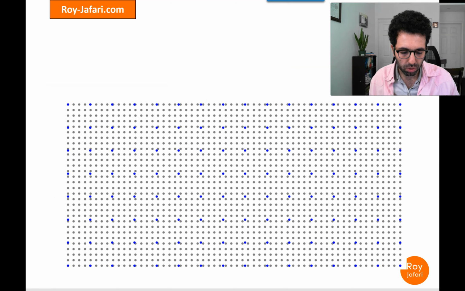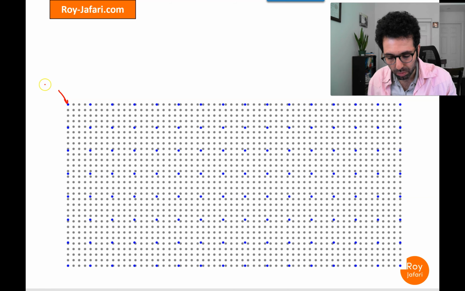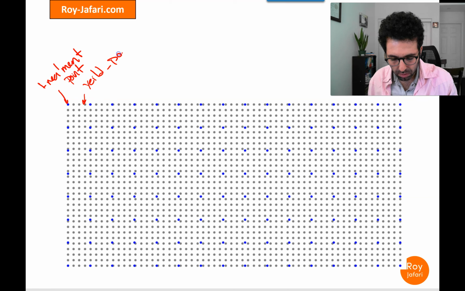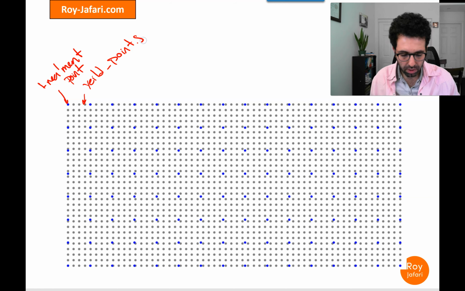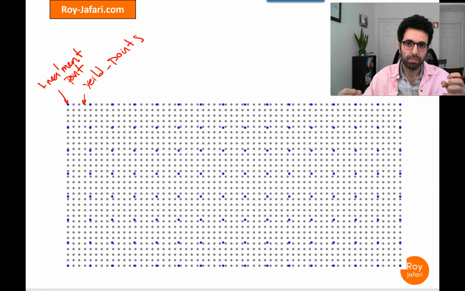If you were to put these on a map and visualize them, these blue dots represent treatment points, and the gray ones represent the yield points. So you do see that you don't have that connection.